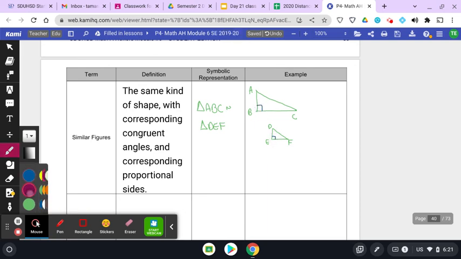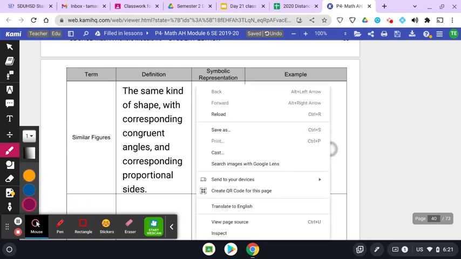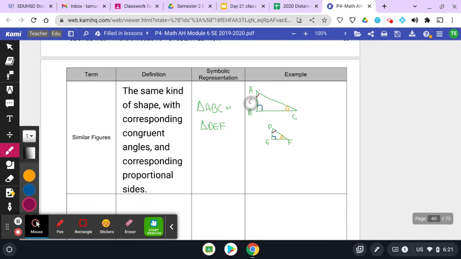Those 2 angles would match up. And A would have to correspond to D. And C would have to correspond to F. And if I called this a, let's say, a 6, 8, 10 triangle, maybe this one would be half as small. Maybe it's a 3, 4, 5 triangle. Okay, all the sides would be reduced by the same multiple.